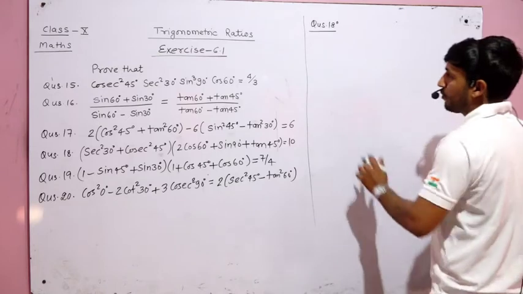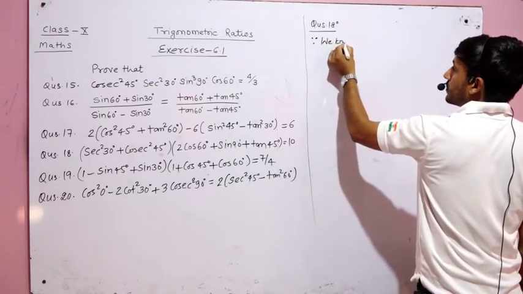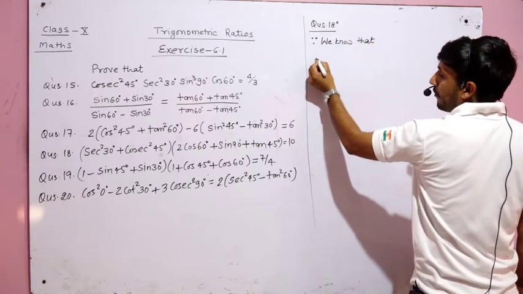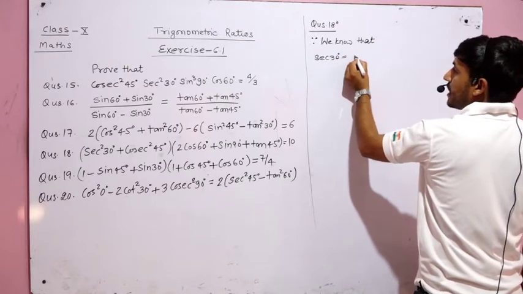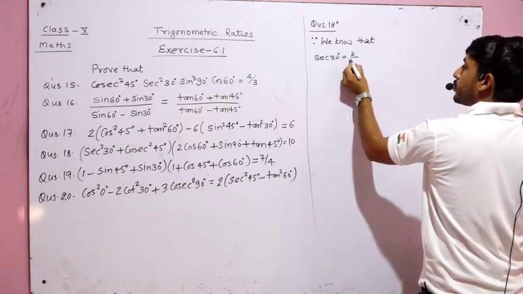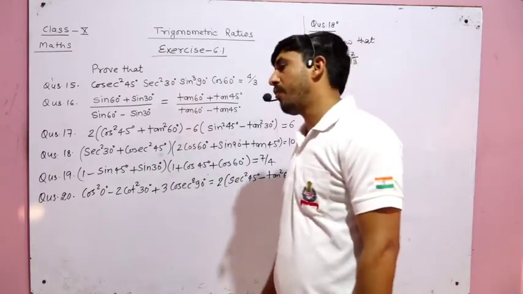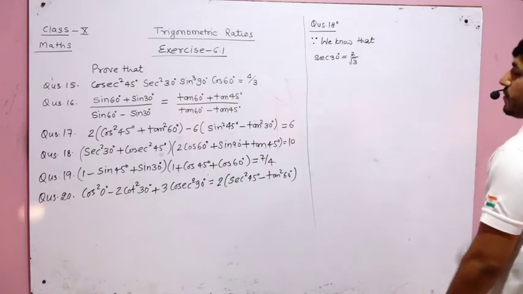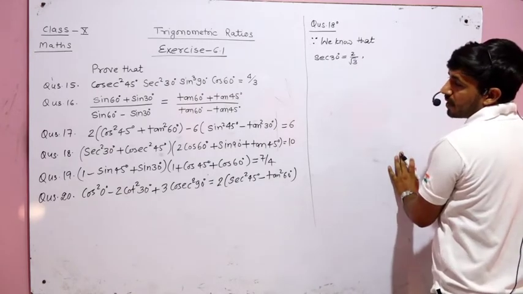Then first we have to find, since we know that value of sec 30 degree, that is given as 2 upon root 3. As we know, sec 30 degree is the opposite of cos 30 degree, and value of cos 30 degree is equal to root 3 by 2. That's why we have sec 30 degree equal to 2 upon root 3.